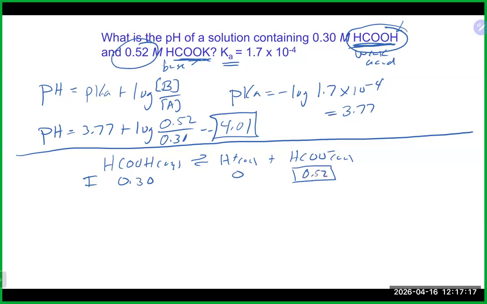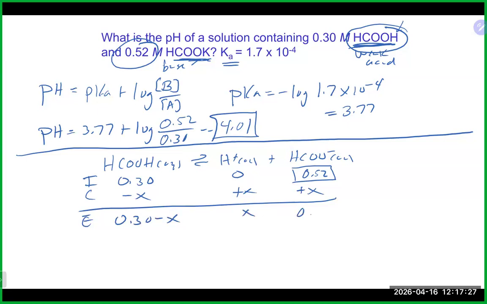That's going to be supplied by the potassium formate in this case. The rest of it is going to be minus x, plus x, plus x. You're going to go through your normal solve for x, which will equal, in this case, the H plus concentration. And then that could go into your pH. You should end up, obviously, with the same answer. Any questions up there?